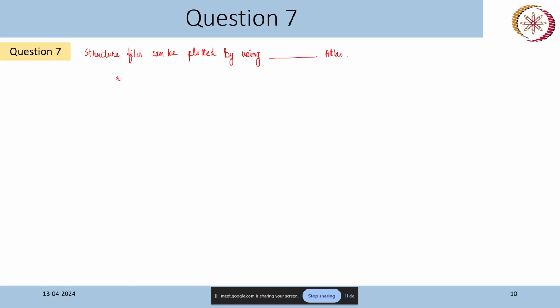The options are A, Tony plot. Option B is system plot. Option C, print plot. And option D is out plot.